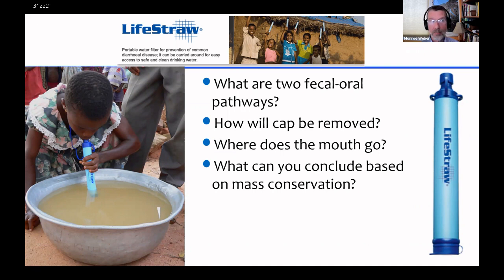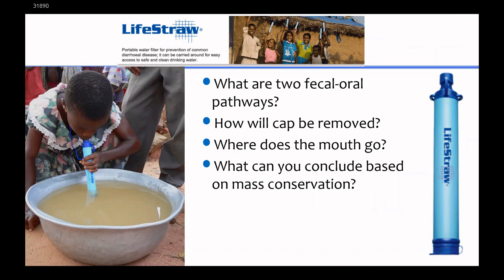Supposing this is on a lanyard. They have the little hooks at the top to hang a string on it, so you're carrying it. Now, what are some additional pathways? Isaac doesn't have to answer all of them. Feel free to jump in, someone else, or Isaac is allowed to continue.